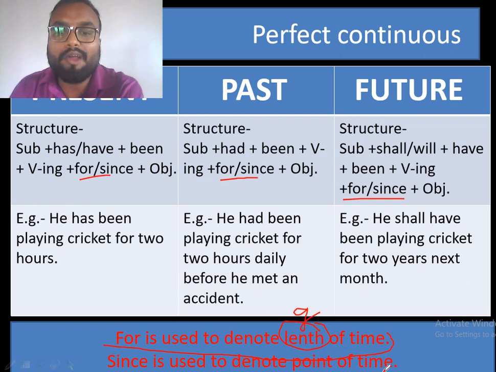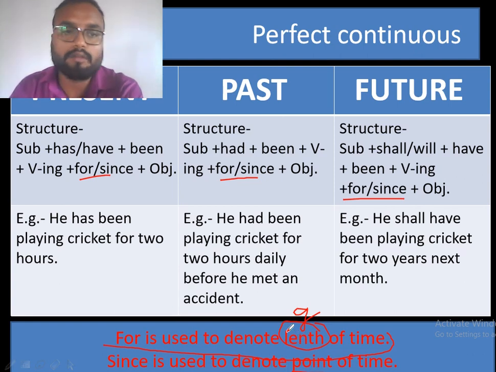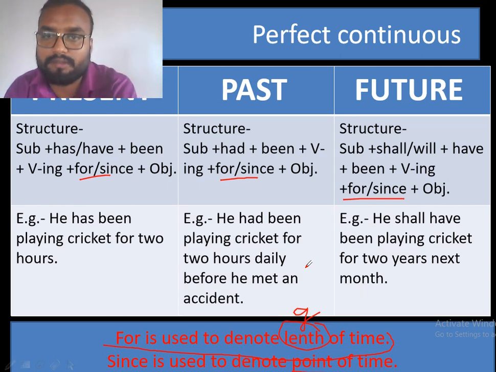Since is used to denote point of time. Point of time means any particular time. If I say since morning, I denoted a particular time. If I say since 2000, it denotes a particular time. Length of time refers to 2 hours, 3 hours, 6 months, for 2 years. So the time period is not fixed.